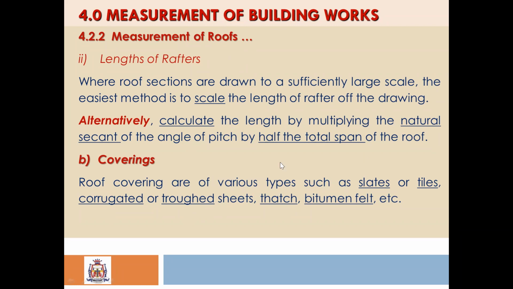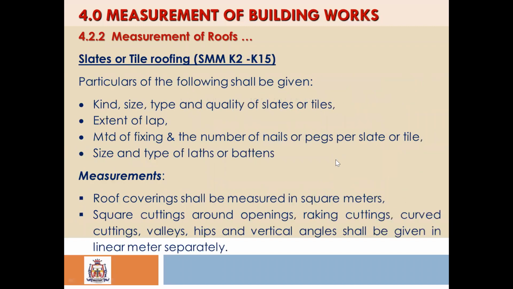Now, whichever you are dealing with, the following are key to note. Let's look at the slates or tiles. The standard method of measure is in K2 up to K15.